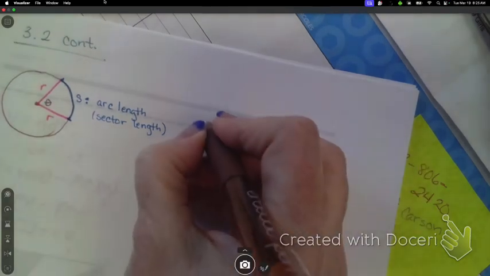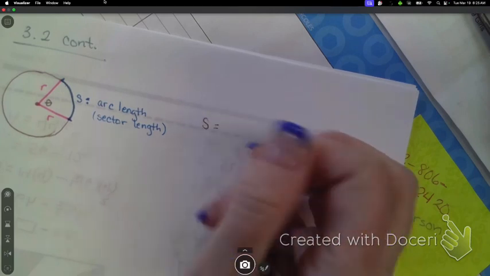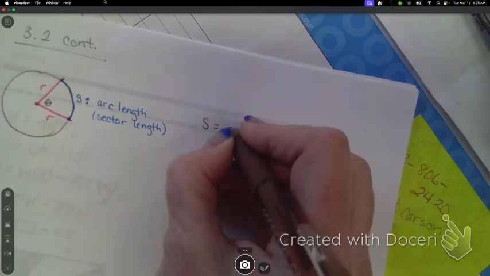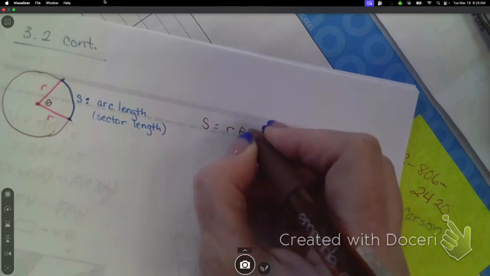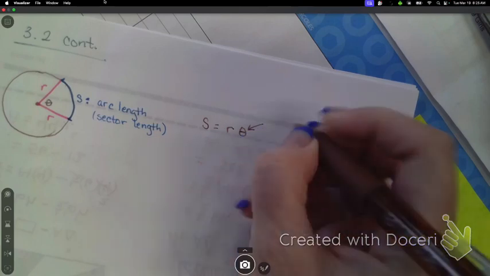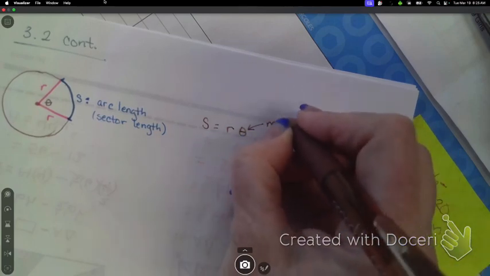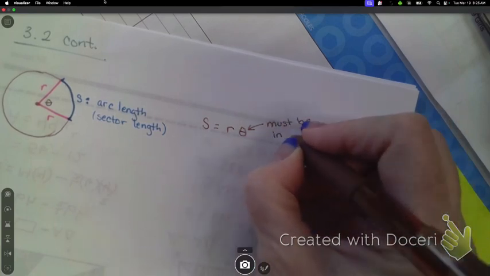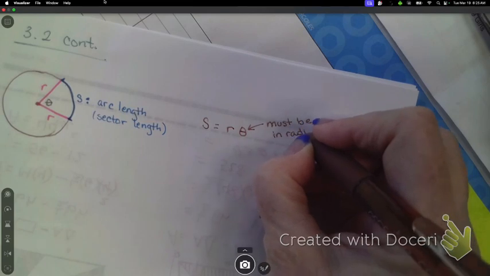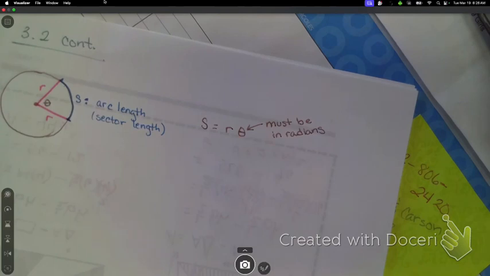S equals R times theta. For this formula, theta must be in radians. If it is not in radians, you will not get the correct answer.